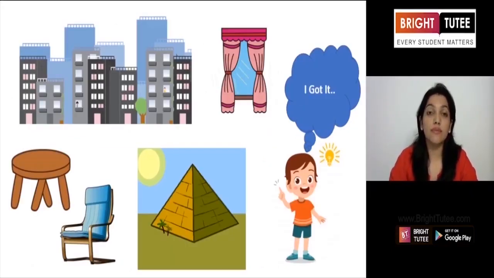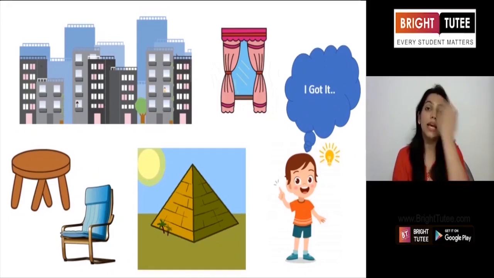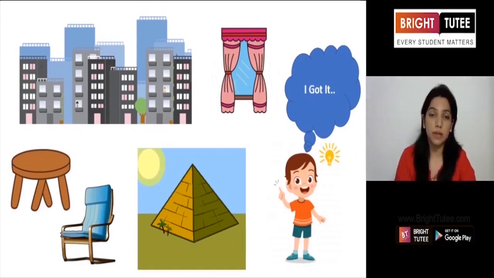Do you see in the first image, we have several buildings? Every architect who is making these buildings is very precise. Why? Because each and every wall, every window needs to be measured accurately to make the complete building.